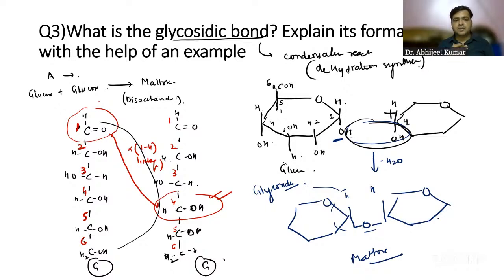You already know, it is taking place at the anomeric carbon of the first carbon and the hydroxyl group at the fourth carbon that we have taken. So it's like 1 to 4 linkage, right? So what is happening? The water molecule is getting lost, and there will be the formation of the glycosidic bond. So yes, I have taken an example, and I will explain how this goes.